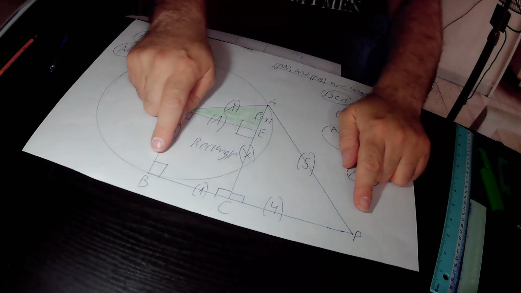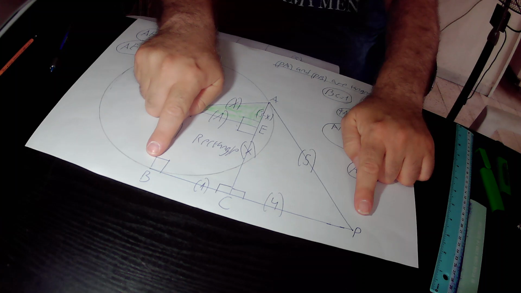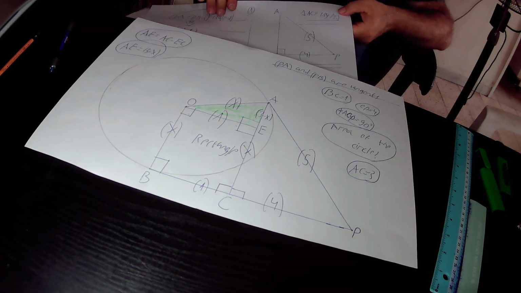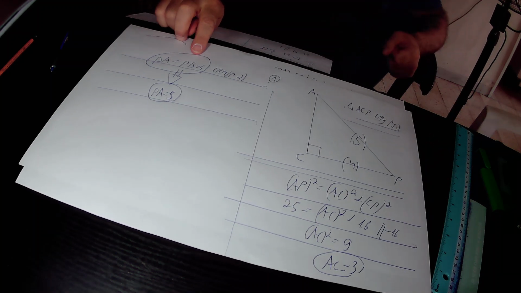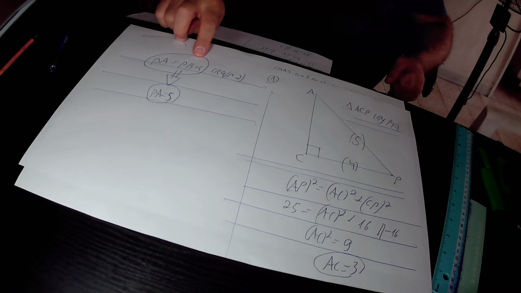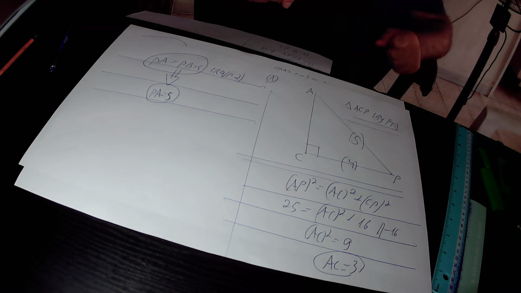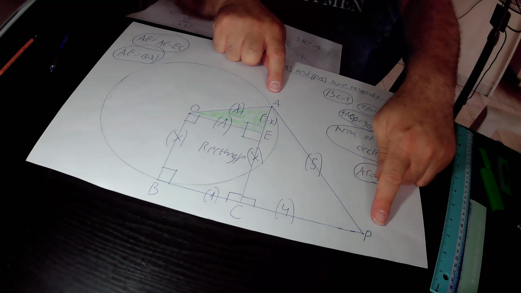It is given in the question that PB in total equals 4 plus 1, that is 5. So PB equals 5, and from this equation PA equals PB equals 5. We derive that PA is also equal to 5 units in length.